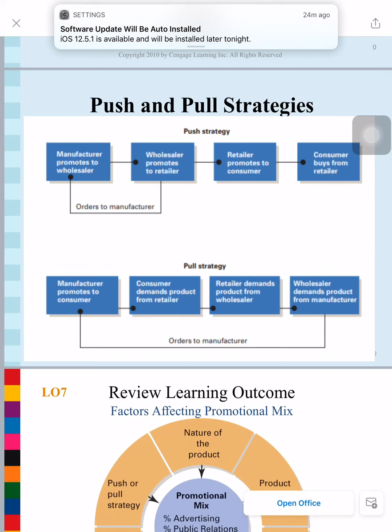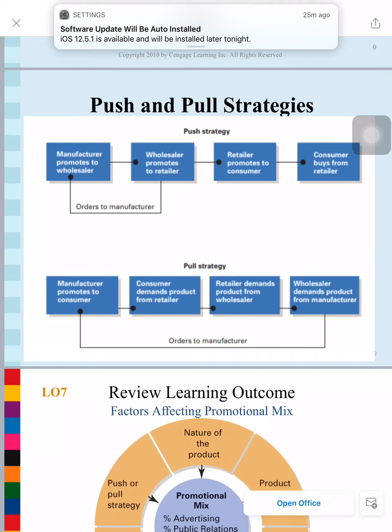Basically, in the pull strategy, the manufacturer focuses its promotional effort on the end consumer. For example, Nestle and Procter and Gamble use the pull strategy, where they put effort into promotions directed at the consumer, such as promotional advertising from the manufacturer.